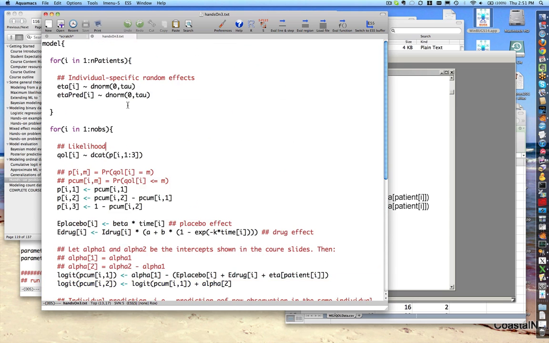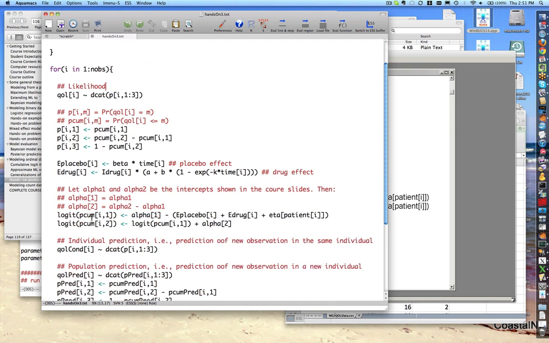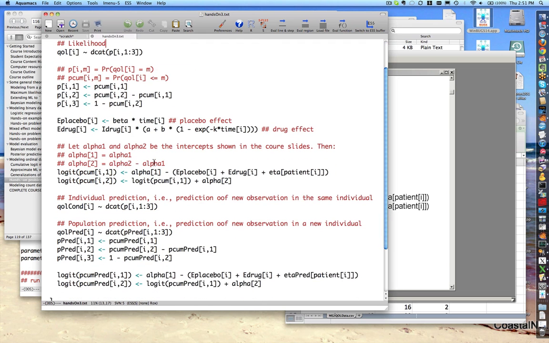The other difference is, besides adding in some descriptive comments in here, you'll see here are the individual predictions, which need just one additional statement to generate. Again, I called them QOL cond to indicate that these are conditional on that individual-specific random effects.